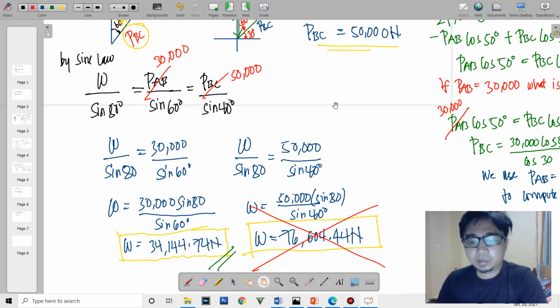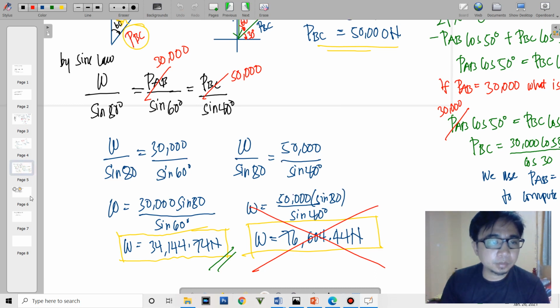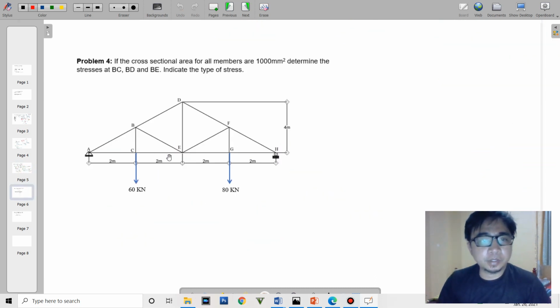Okay, and as for your exercise for today, I'm gonna leave problem number 4, wherein the cross-sectional area for all members are already given here. So we'll just have to determine the stresses at members BC, BD, and BE.